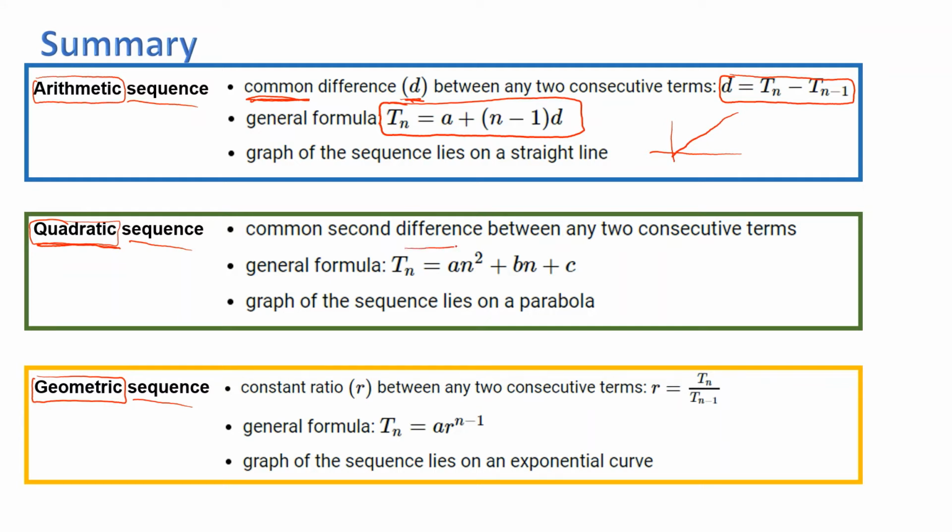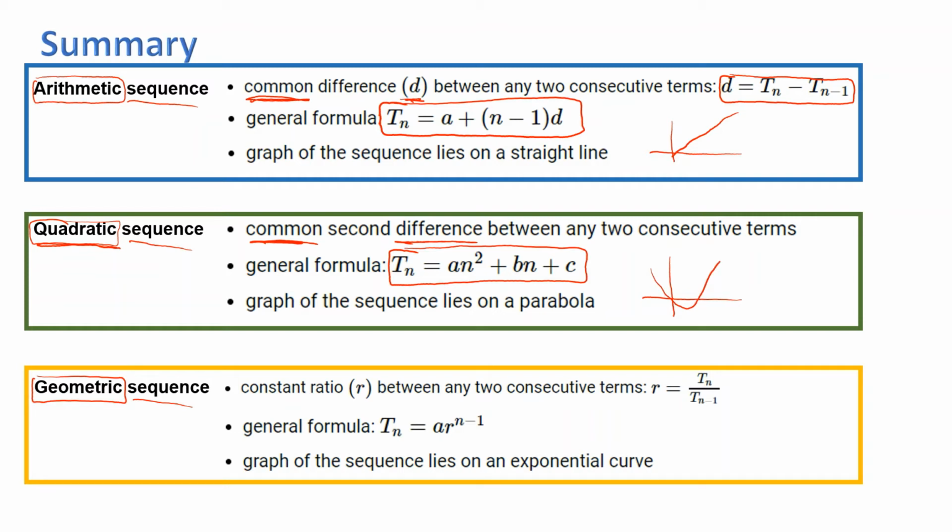We know that this is its general formula. It's got a common second difference. Go and look at what that means. But importantly, if we draw the numbers in this series, we always get a parabola.